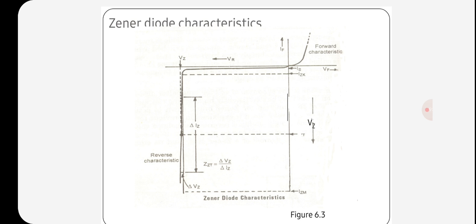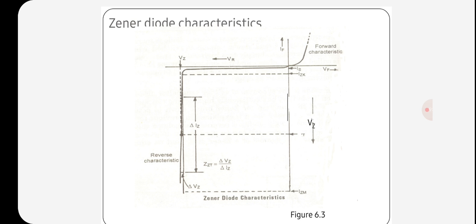Because of this sudden rise in electric current, breakdown occurs called Zener breakdown. However, Zener diode exhibits a controlled breakdown that does not damage the device. The Zener breakdown voltage of a Zener diode depends on the amount of doping applied.